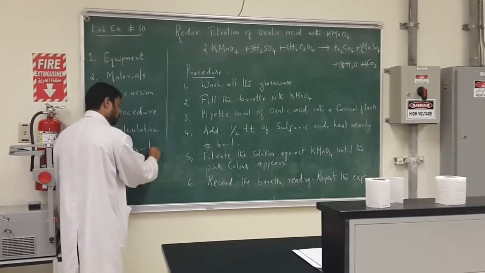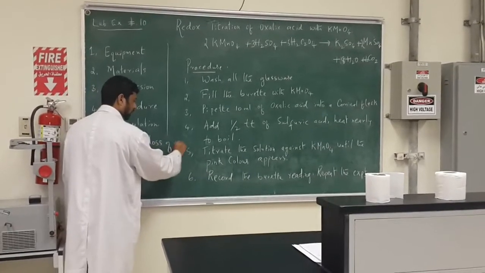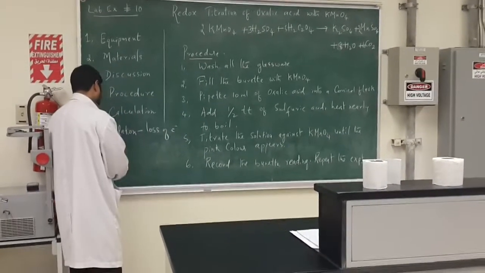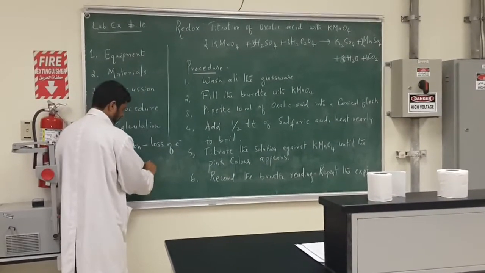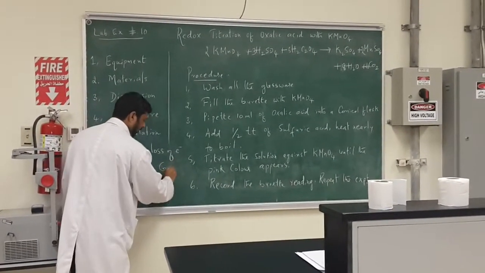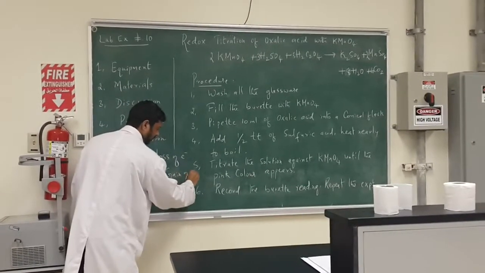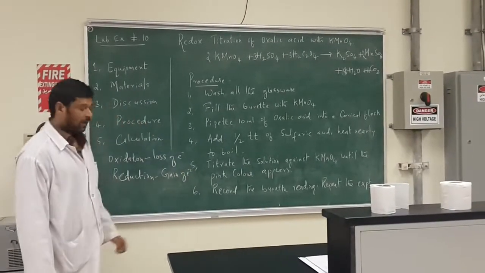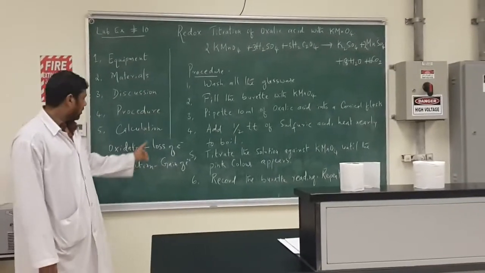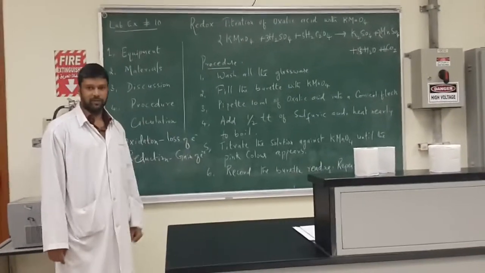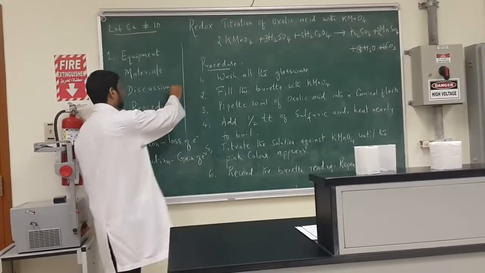Oxidation means loss of electrons from the reaction. Reduction means gain of electrons. So in this redox reaction, both oxidation and reduction take place. So this is the discussion.